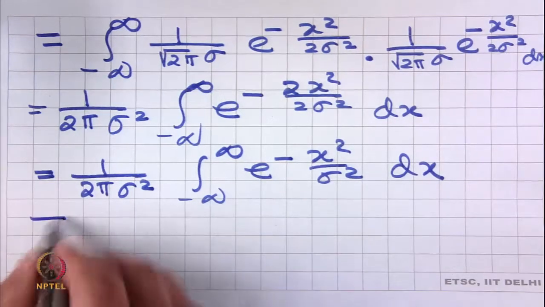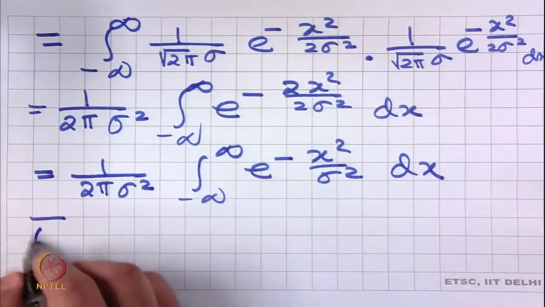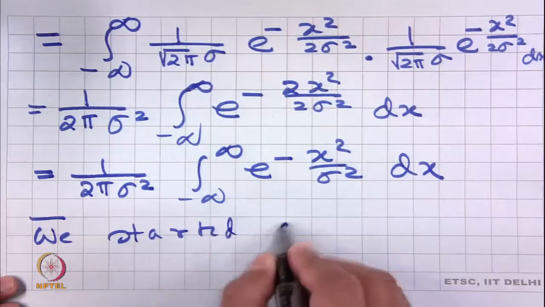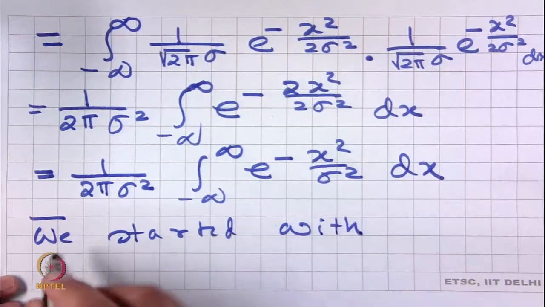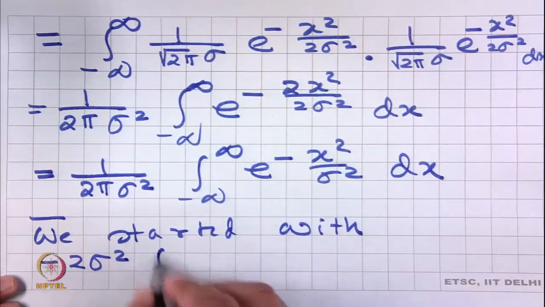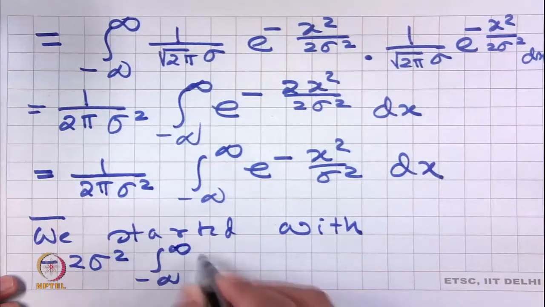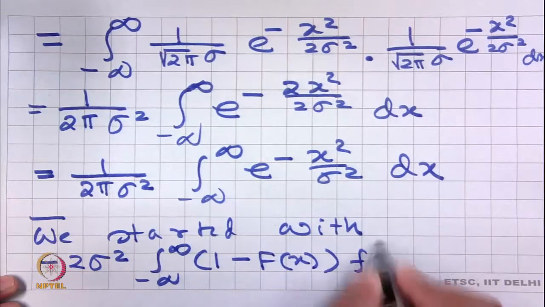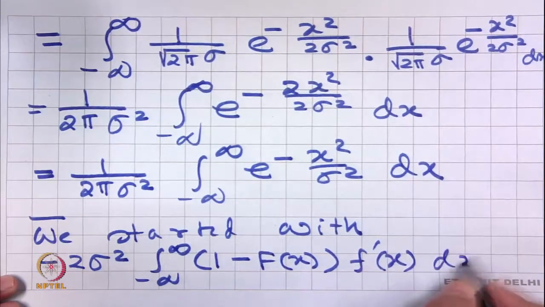And remember that we started with minus 2 sigma square into the integration from minus infinity to infinity of (1 minus F(x)) into f prime(x) dx.